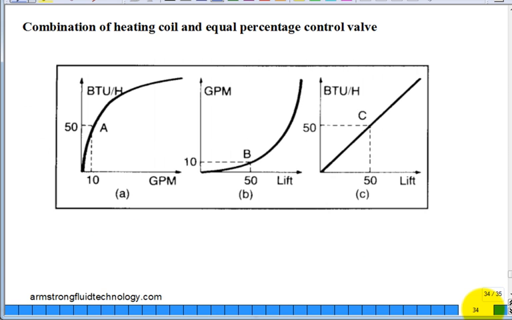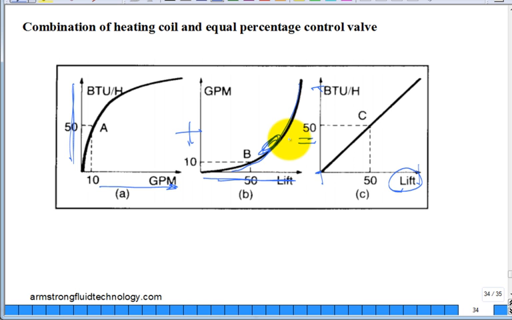So that's the last thing. So we're putting these together. So you have the flow rate through the heat exchanger as a function of the heat capacity of the emission. You have the valve. You want that equal percentage valve shaped like this. When you combine them, you get, for a percent of the lift going from 100% open to 0% open, 0 to 100% of the heat emission.